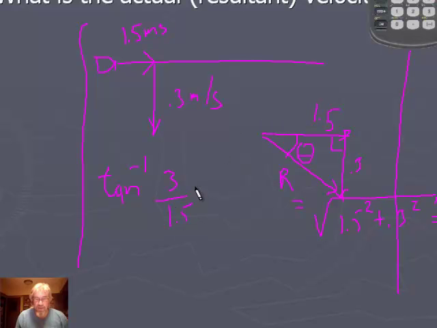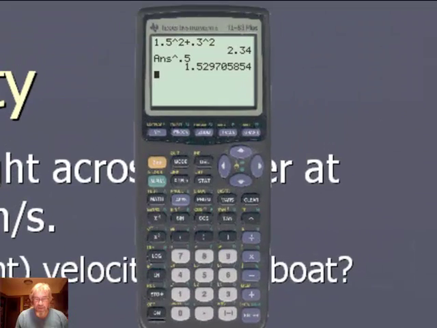So let's go back to the calculator, second function tangent gives me inverse tangent, 0.3 divided by 1.5, close my parens, hit enter. So it's 11.3 degrees downstream, I guess is how I could say it.